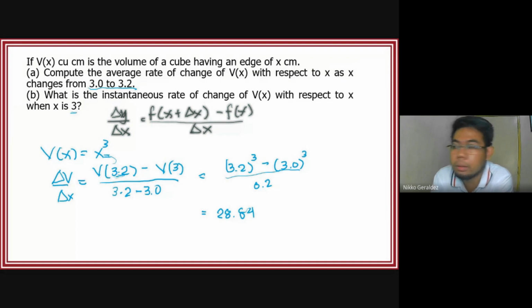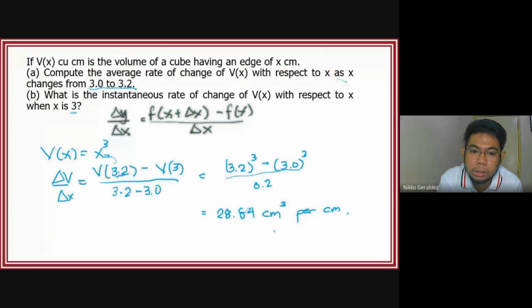28.84. Anong unit? Unit is cubic centimeter per centimeter. So, ito unit natin. Kasi rate of change, no? Of volume with respect to x, or with respect to the edge of the cube.